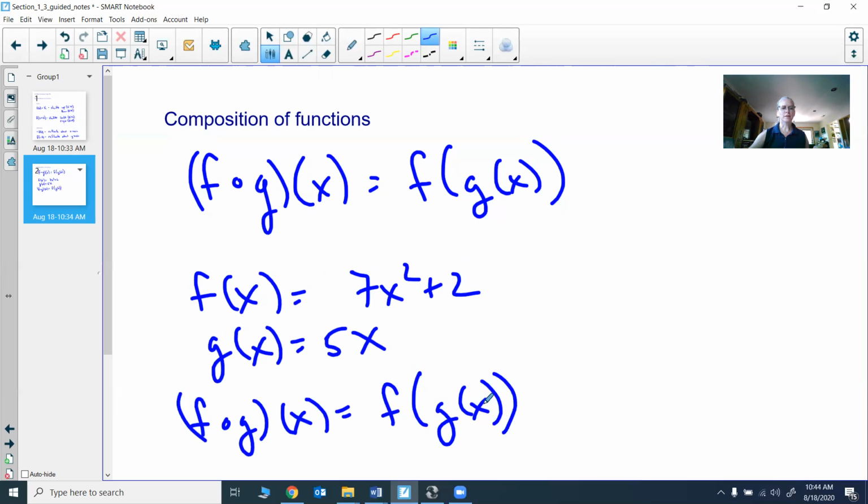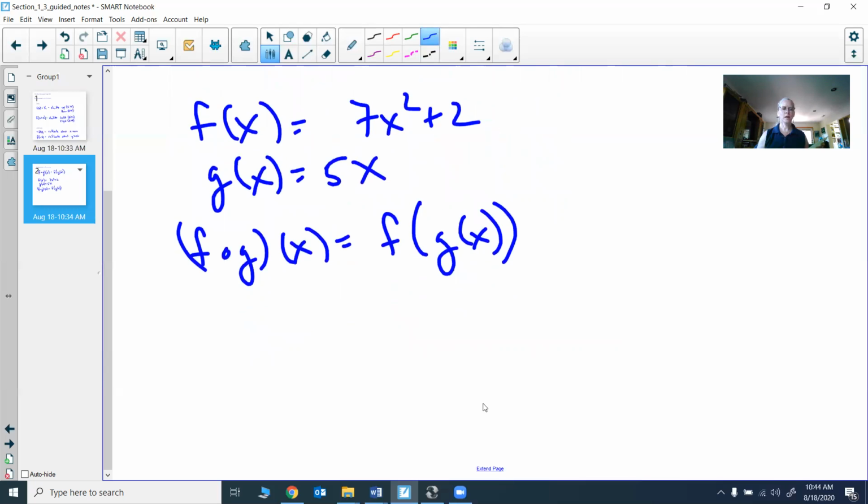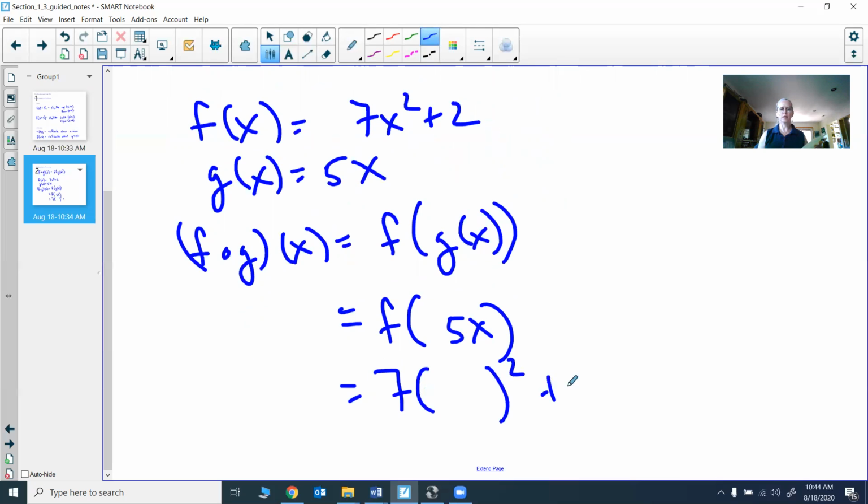You're taking that g function, which is 5x, and your f function, 7 times something squared plus 2. The something in this case is that 5x. So this 5x is now going inside the function and replaces the x.